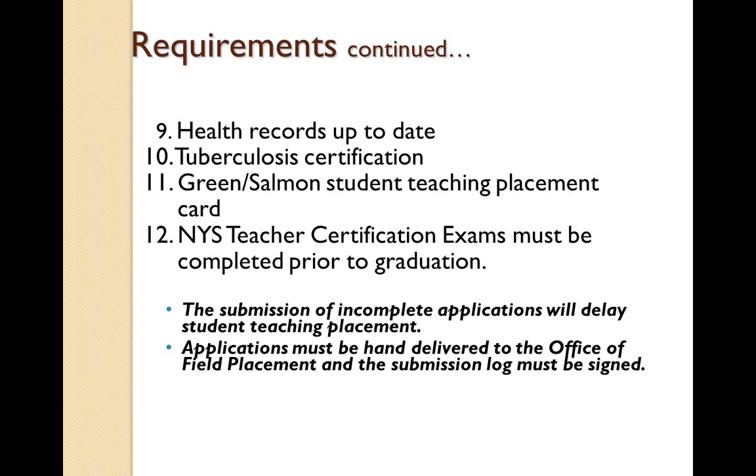We need more than just saying you're a secondary education student. I need to know your specific area of interest, whether it's biology, Spanish, and so forth. The next is the semester year. This is the semester you're going to student teach, not the semester you're filling this application out in.